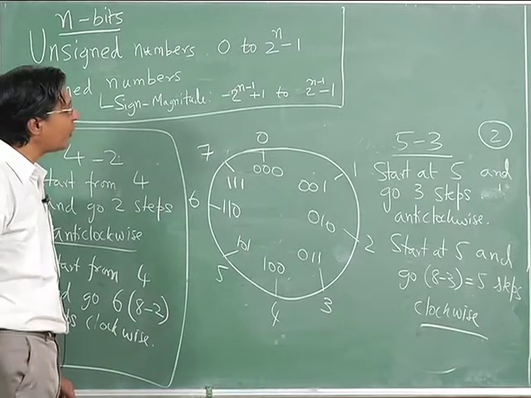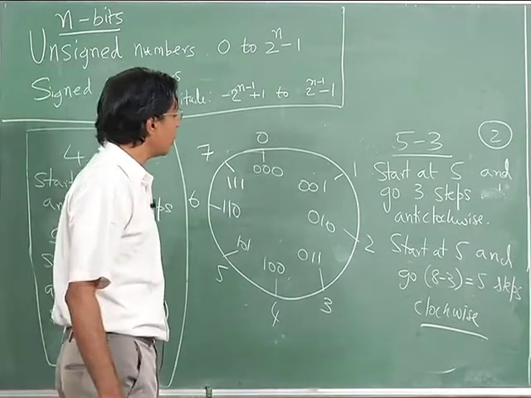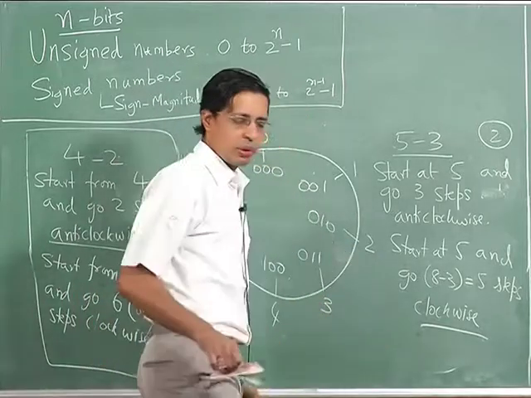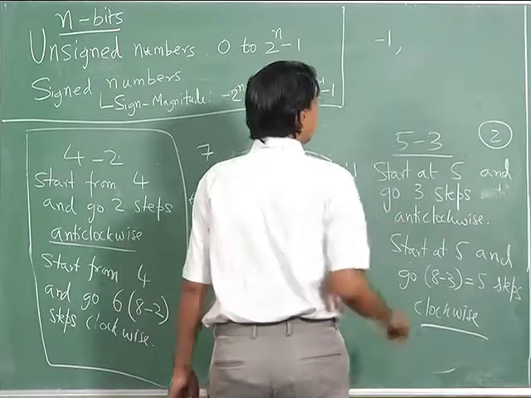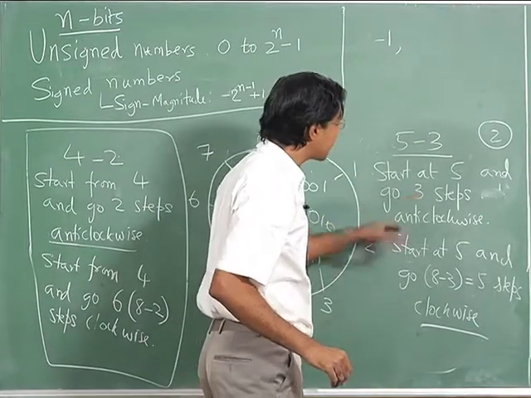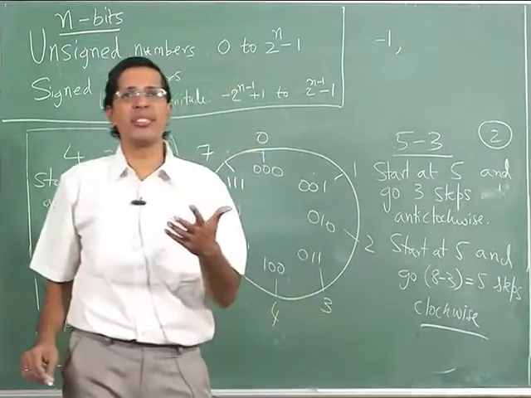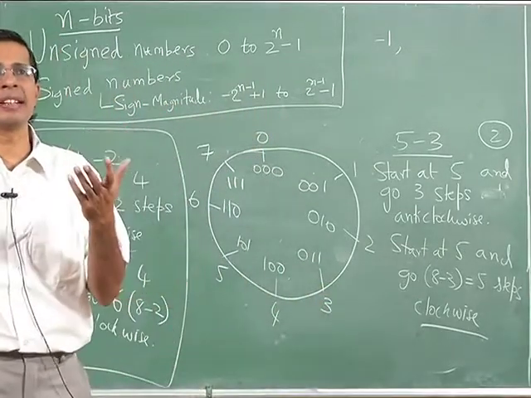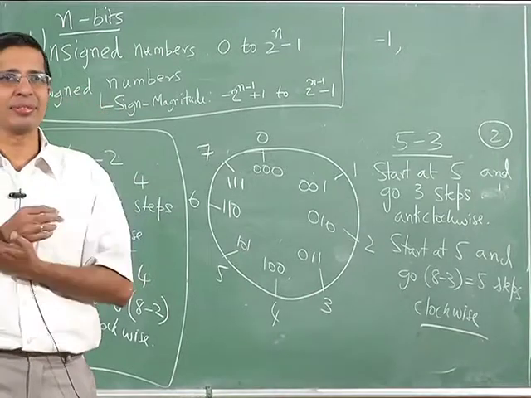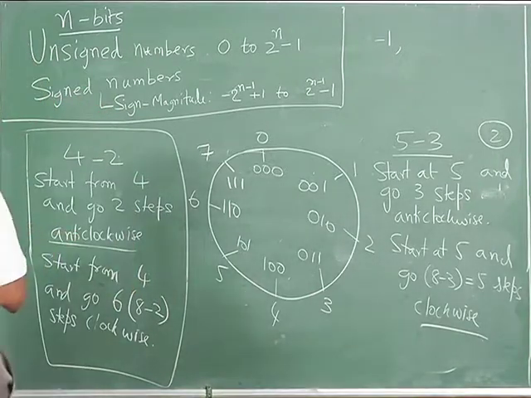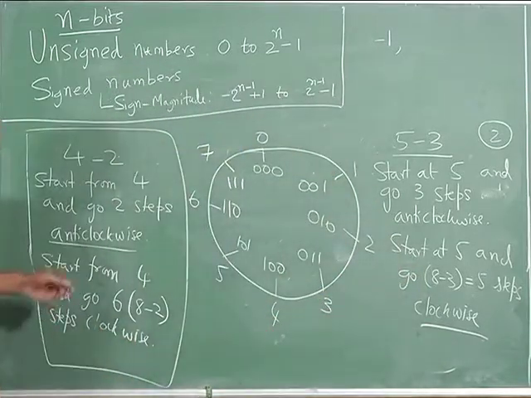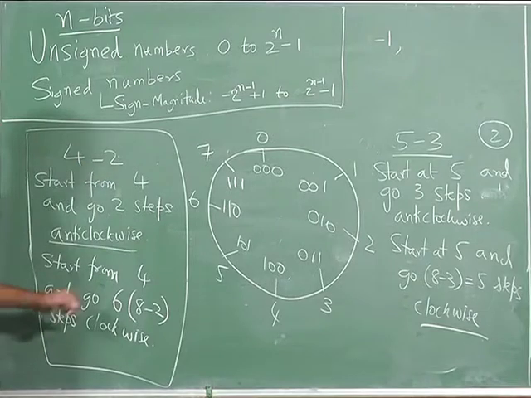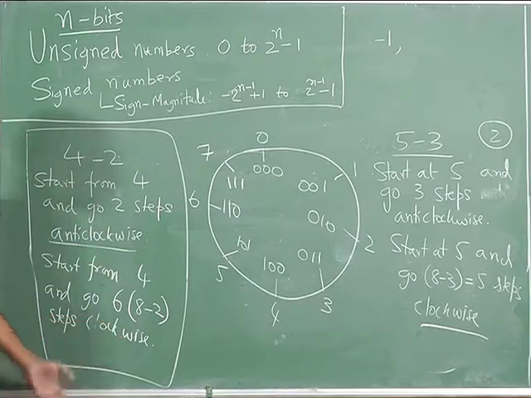So, in essence what we have done now, if I have minus 3, if I could model it as 5, then 8 minus 3 can be handled as that 8 plus that 5. If minus 2 could be modeled as 6, then I can handle 4 minus 2 as addition.